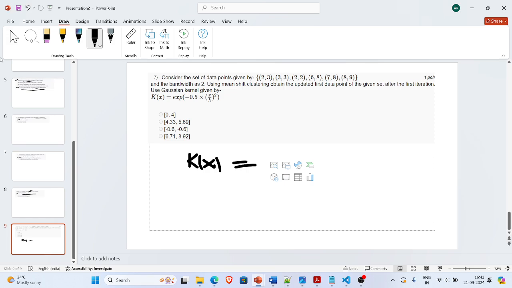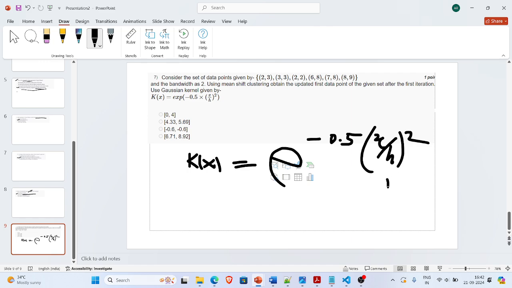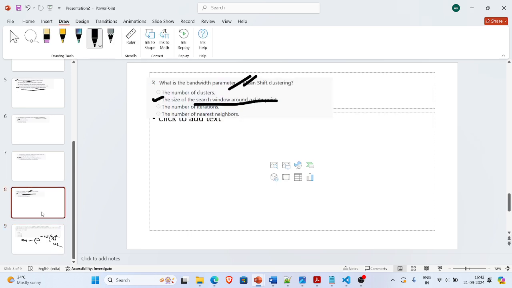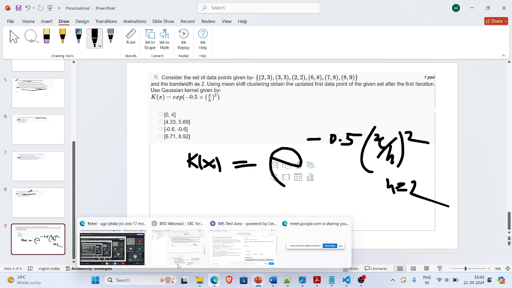So this is the kernel function we have here. Let's see how we use this one. The bandwidth h is given as 2. First things first, let's see the formula we have to use.